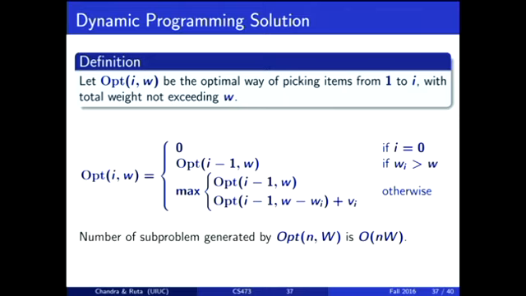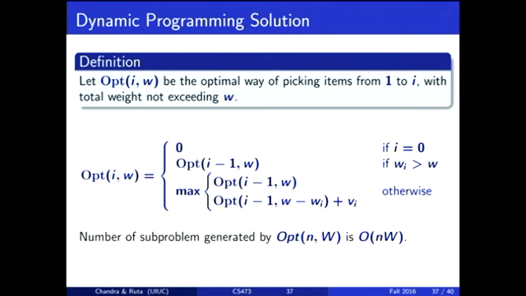So here is what we can do. I'll define opt of i, w to be the optimal way of picking items from 1 to i with the total weight not exceeding small w. Okay. Let me define that as a recursive subproblem. Okay. Then I can write a recursion now, right?